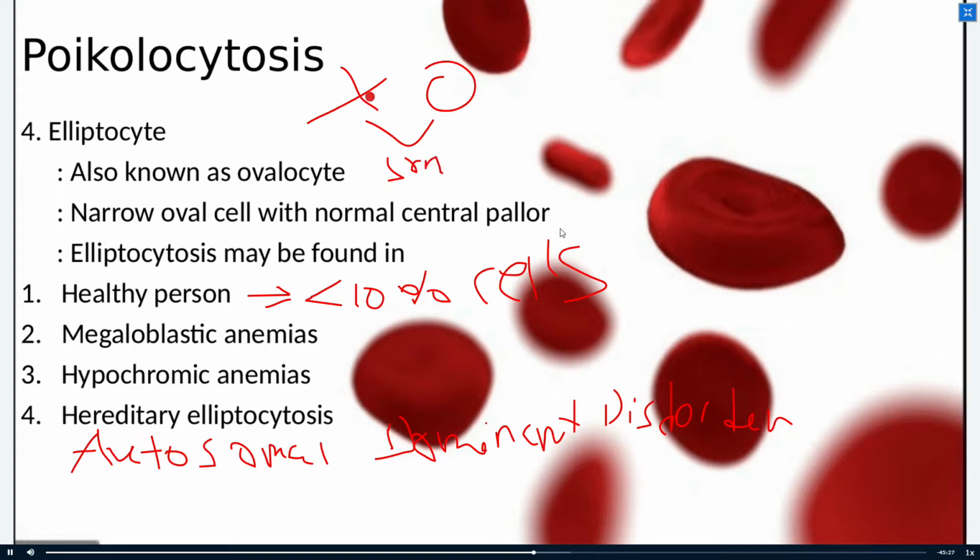So kahit isa lang yung meron, it can still be inherited. Compared to your recessive, kailangan dalawa yung meron. Again, your hereditary elliptocytosis is an autosomal dominant disorder wherein even if one parent has it, it can still get inherited by the child.